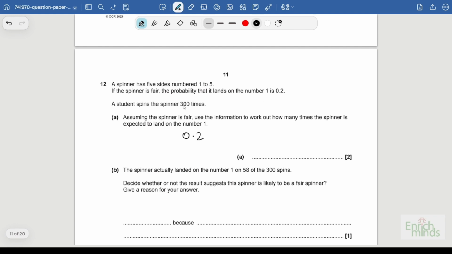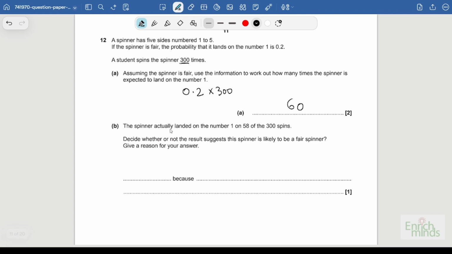If the student is spinning it 300 times, you need to times it by 300. So 0.2 times 300 gives you 60. So the spinner will land on number 1 60 times when the student is spinning it 300 times.